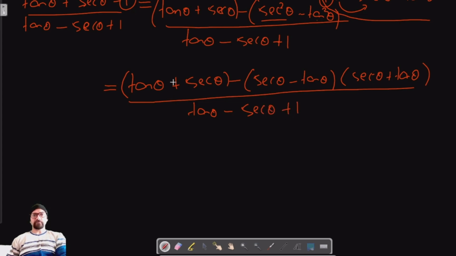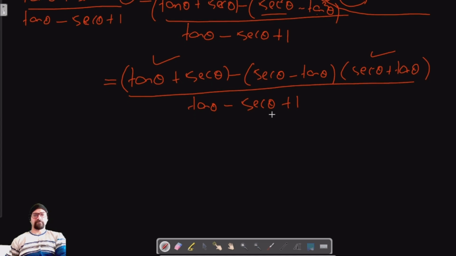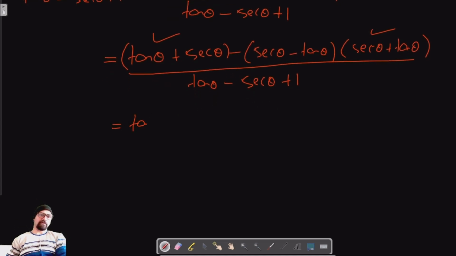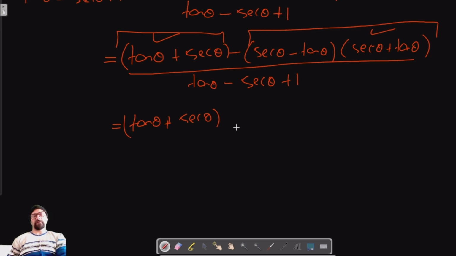Now in this case, the common factor is tan theta plus secant theta. Let me take this common, because it is one term and this is the second term in the numerator.